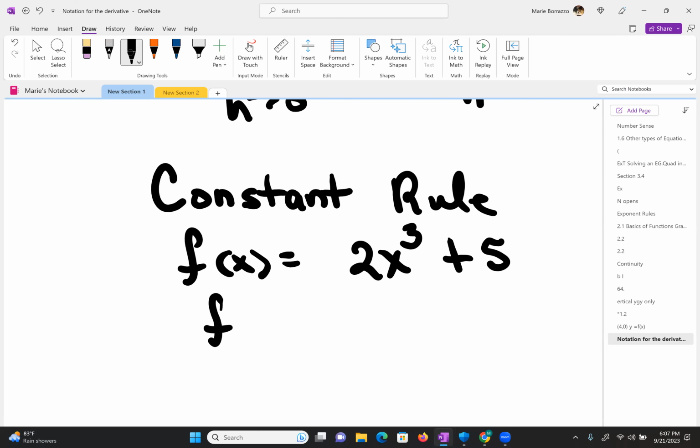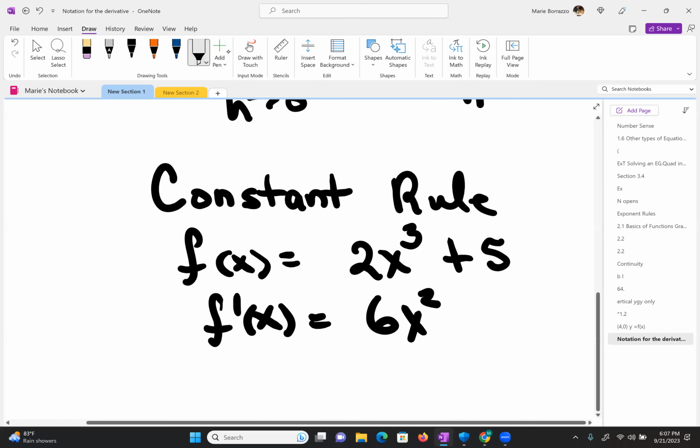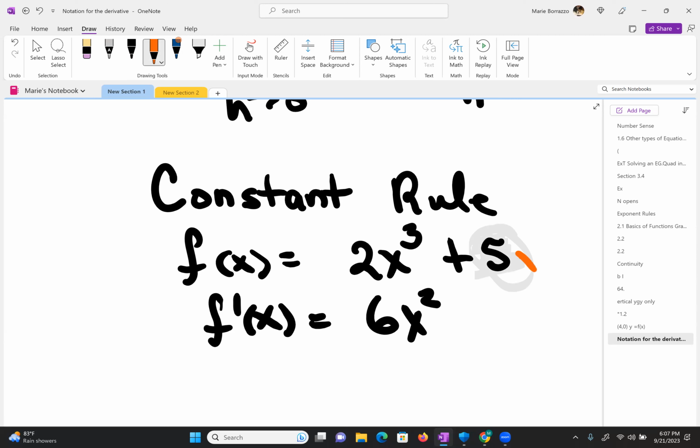And I take that first derivative, and I tell you that the function is simply 6x squared. And so the question is, what happens to this number? And what I want you to remember is this is technically 5x to the 0.